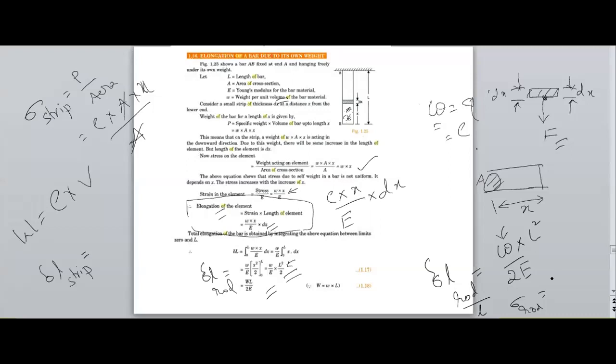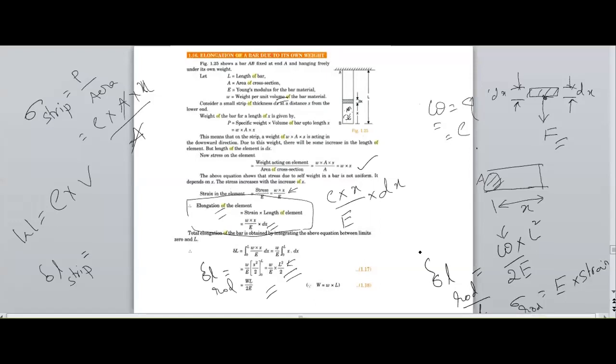So we know that stress is equal to Young's modulus into strain. Therefore, strain can be written as WL square by 2E into L again. Therefore, L will be cancelled. Therefore, we will get the strain.